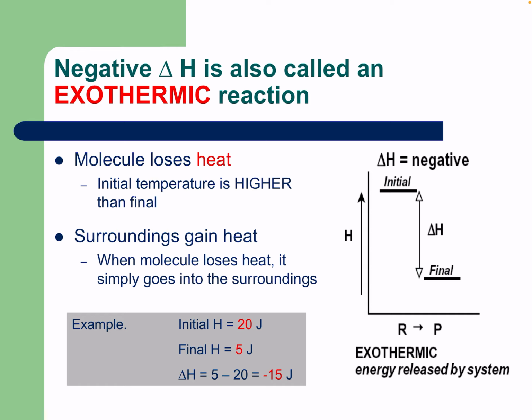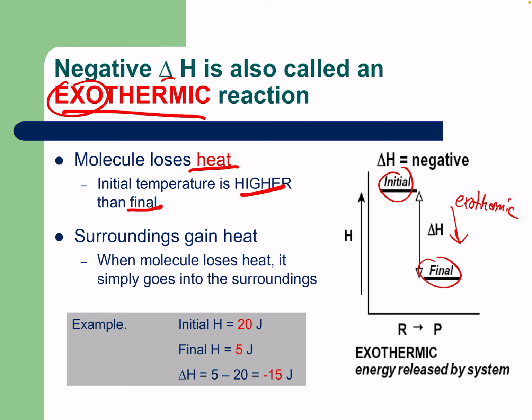So a negative change of H is called an exothermic reaction. In this case, the molecule loses heat. We have an initially high temperature, the initial temperature is higher than the final temperature. With a negative change of H, it's losing heat, so it's exothermic, and our final temperature is lower.